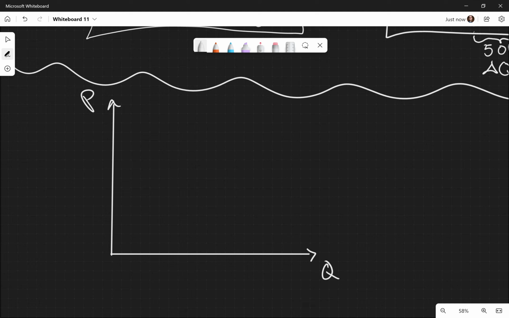Now, when we talk about the supply curve, we can't have it as a straight line, for reasons that we're going to see in a second. We have something that is slightly convex, so it has a little bit of a bend to it.